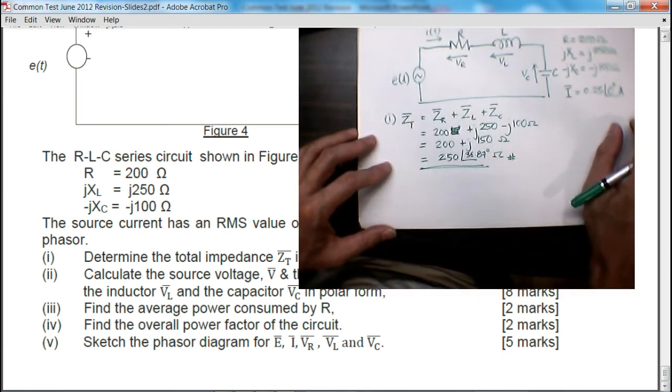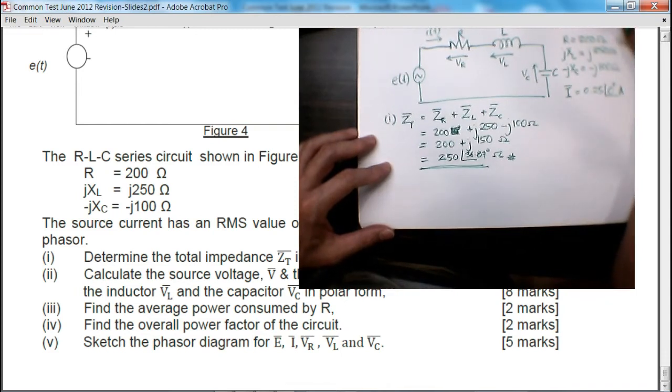Now next we want to calculate the source voltage, and the voltage drop across the resistor, inductor, and capacitor.